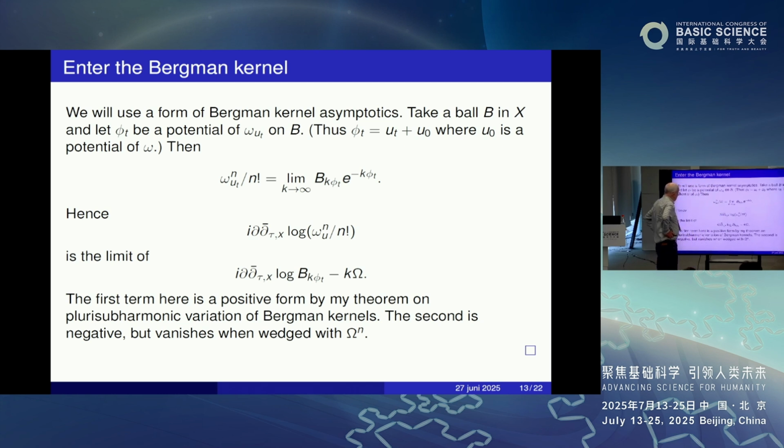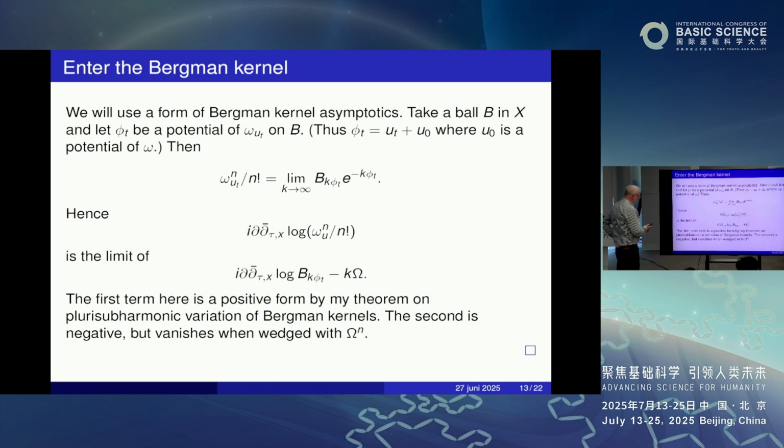So this is the thing that I was integrating. So I can replace it now by the Bergman kernel and then pass to the limit. If I replace it by the Bergman kernel, I get this, and then I get this thing here when I take the logarithm of that. I get minus this thing, minus k omega.